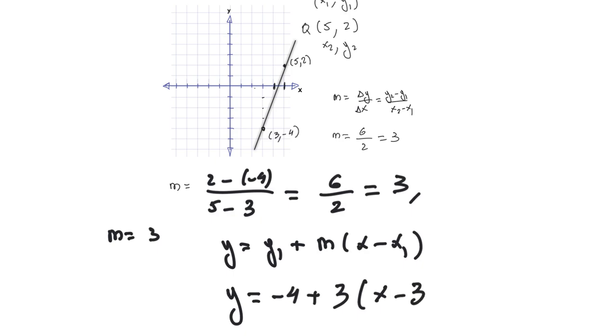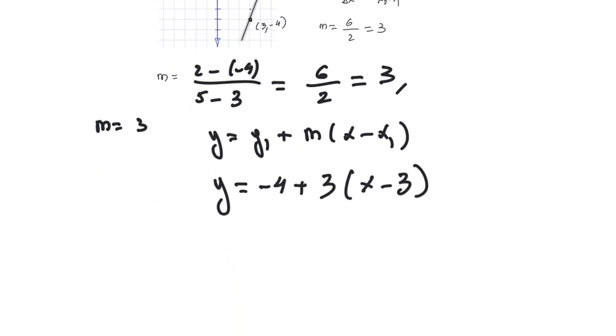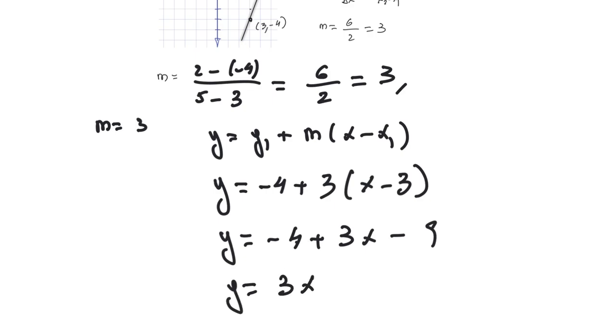The x1 is 3. Doing a little bit of algebra, it will be 3x minus 9 minus 4, or y equals 3x minus 13. So this is the equation of the rectilinear line that passes through the points P and Q.